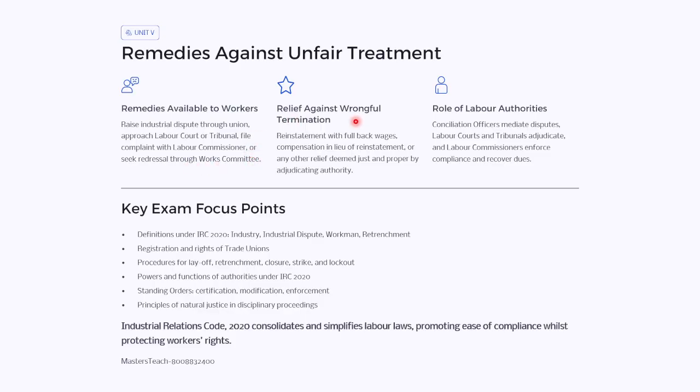Then relief against wrongful termination: reinstatement with full back wages, compensation in lieu of reinstatement, or any other relief deemed just and proper by the adjudicating authority. Then the role of labor authorities. Conciliation officers mediate disputes, labor courts and tribunals adjudicate, and the labor commissioner enforces compliance of dues.